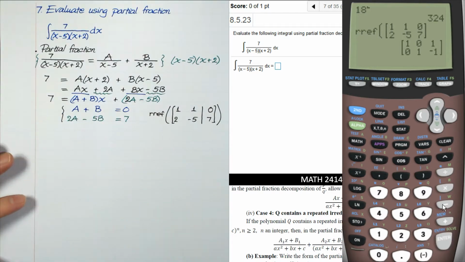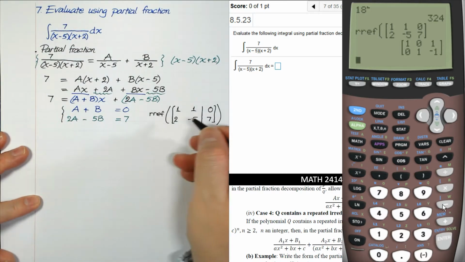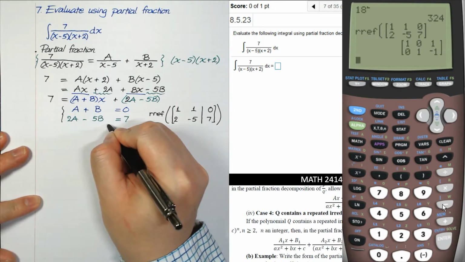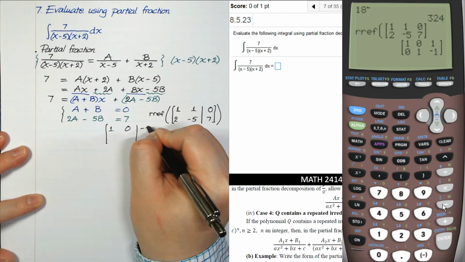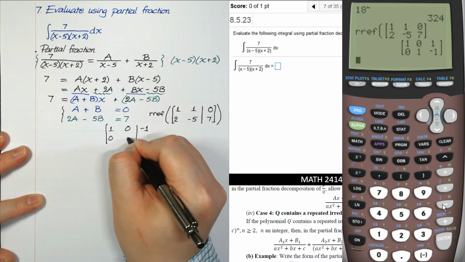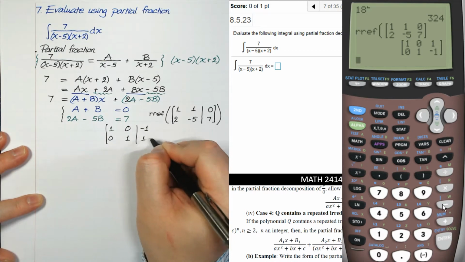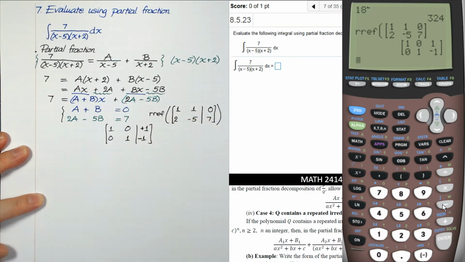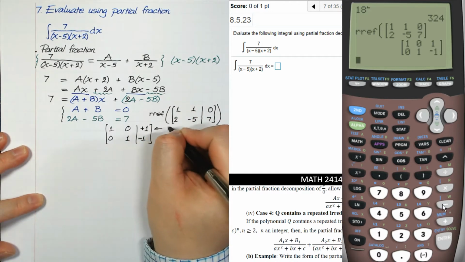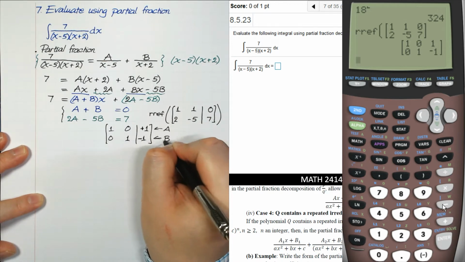When we do that, we have the matrix of 1, 0, 1, 0, 1, negative 1. So first one is A, second one is B.